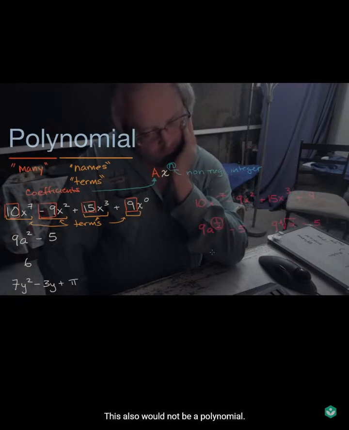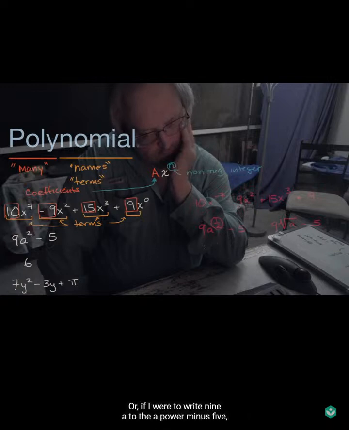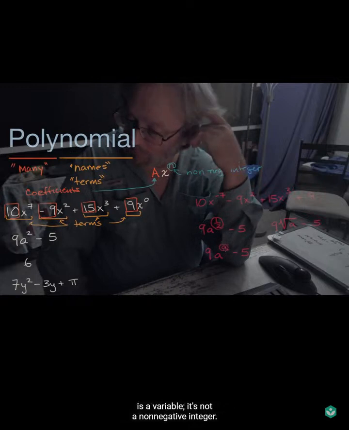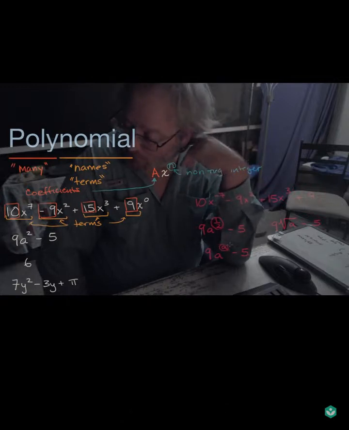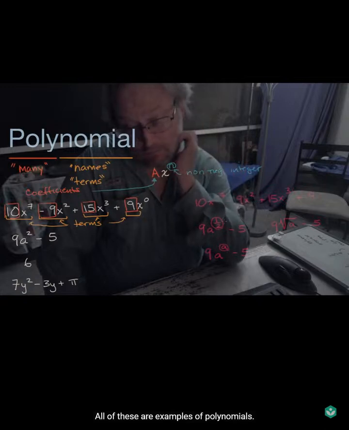This also would not be a polynomial. Or if I were to write 9a to the a power minus 5, also not a polynomial because here the exponent is a variable. It's not a non-negative integer. So all of these are examples of non-polynomials.